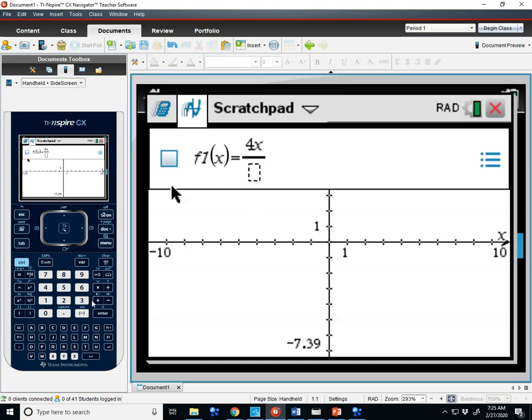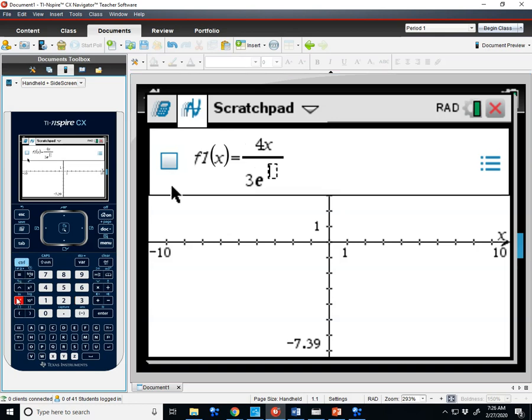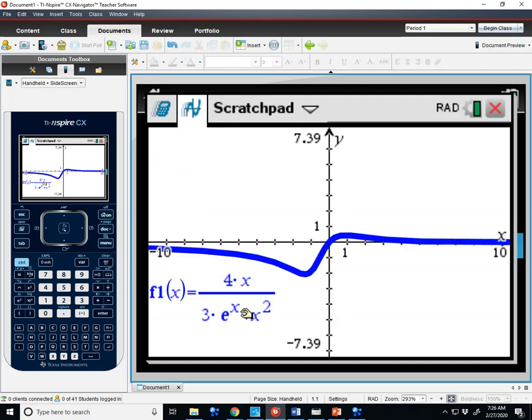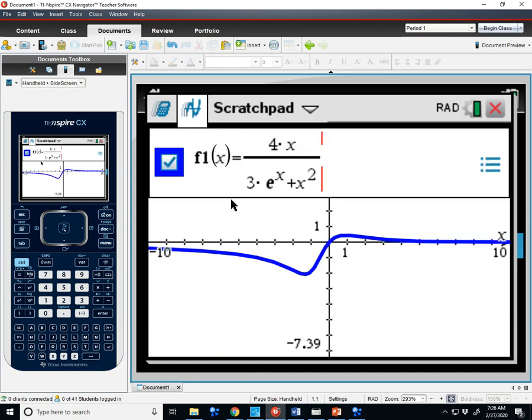And then 3 e to the x. And my goal today was to make it crazy, because you're going to have to be able to put something crazy in. x squared. That's x squared. I need to show you again what I do.